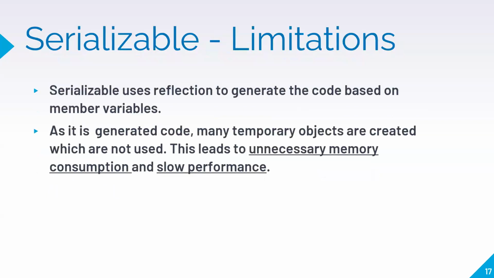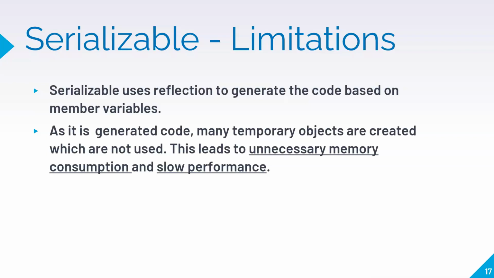Now let's check the limitations of the serializable interface, or serialization. That is a Java concept. Serialization actually uses a reflection mechanism to generate code based on member variables. Since it's reflection code, there will always be some generated code, and there will be many temporary objects created which will not be used.